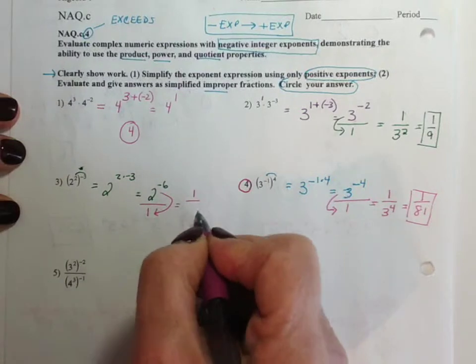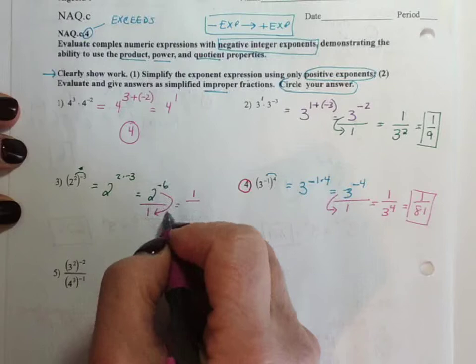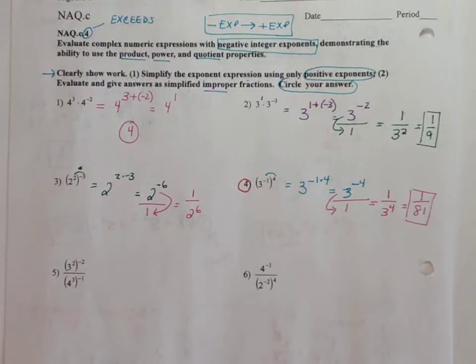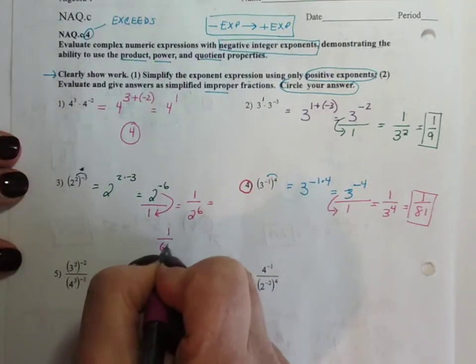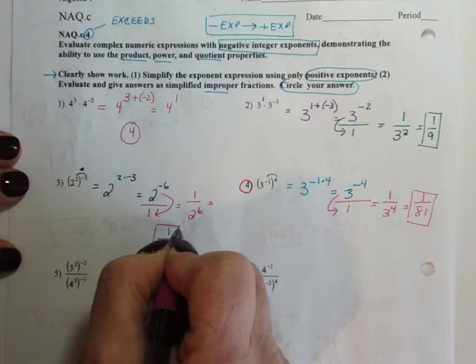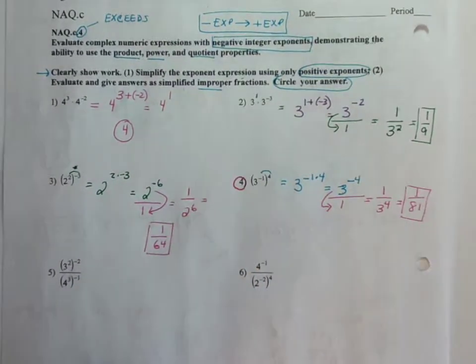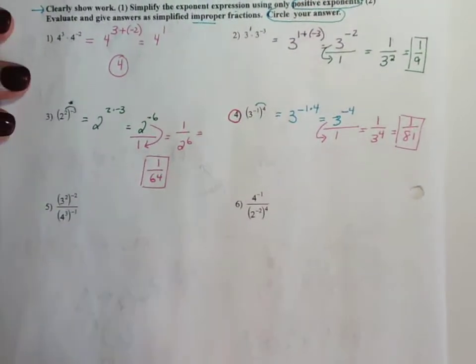So there's 1 in the numerator. And to make that happy, we put 2 to the 6th in the denominator. And that is 1 over 64. See, these aren't that bad. 2 more.